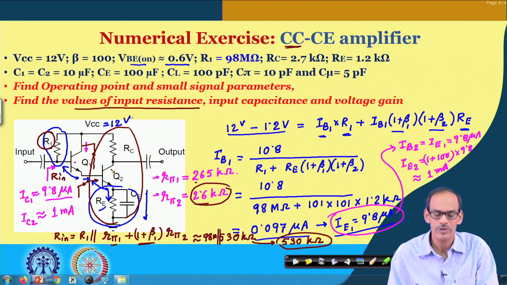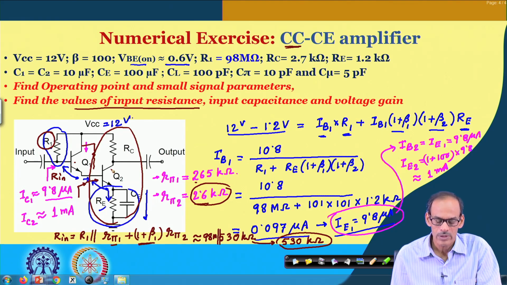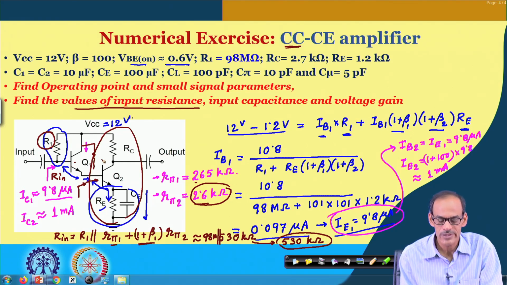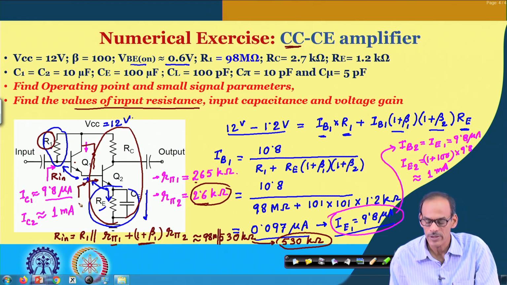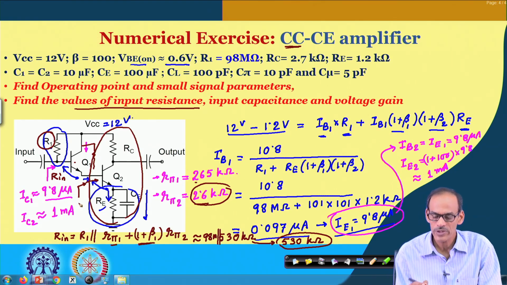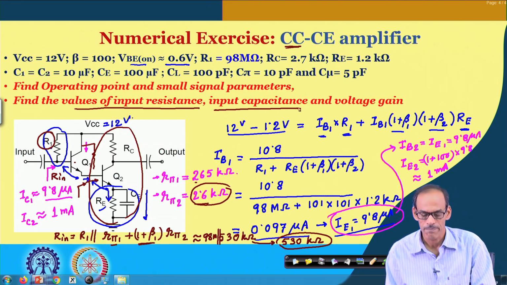Whenever we talk about differential amplifiers, we will discuss it further, and instead of using this CC stage, in fact people use something called a Darlington pair. We will see that, but before that let me see the input capacitance of this circuit.